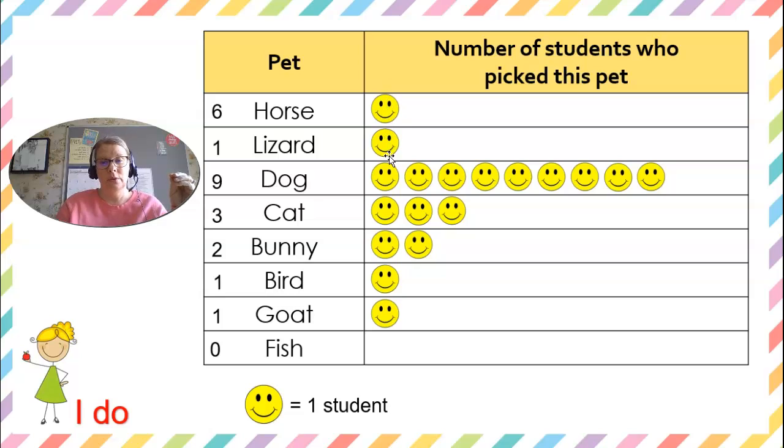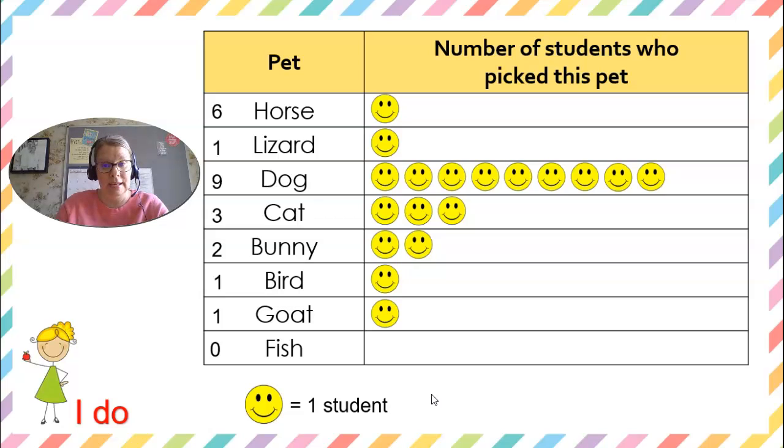So look how I lined up the smiley faces vertically too. Look at that. So they match. Because then you could clearly see just by looking at this right here that the cat had more votes than the bunny.